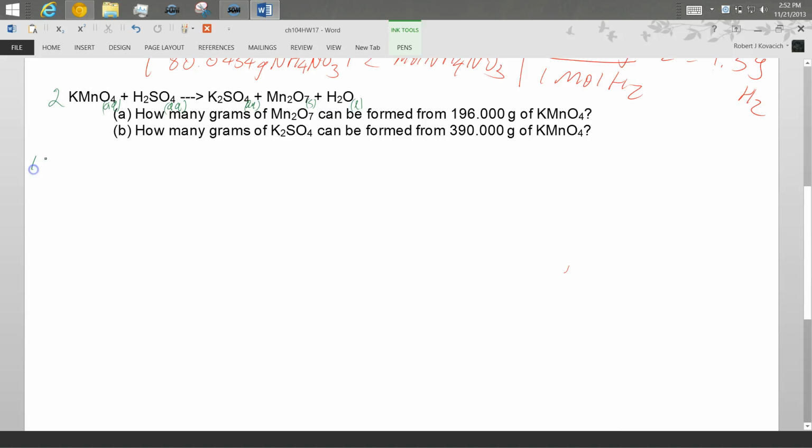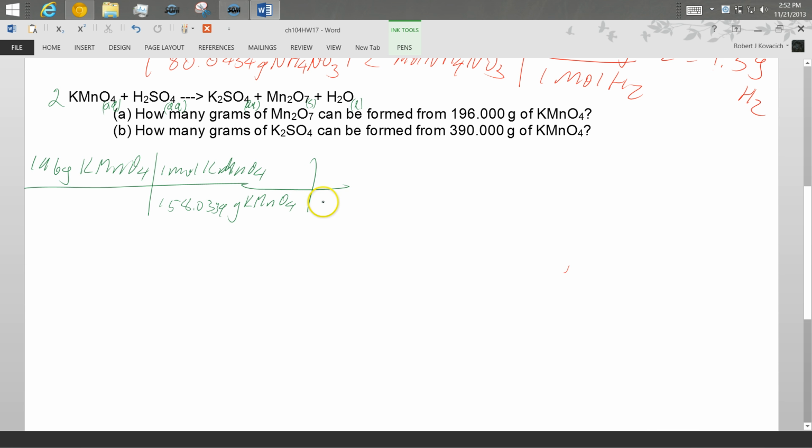Okay, so I've got 196 grams of KMnO4, and then 1 mole KMnO4, and then somebody got a mass on that? That sounds good. And then for every 2 moles of my KMnO4, what are we looking for?